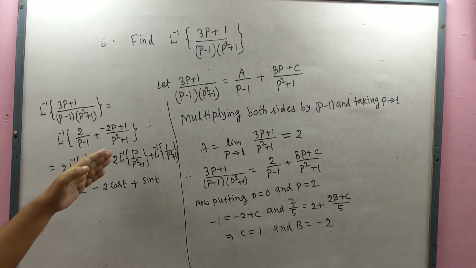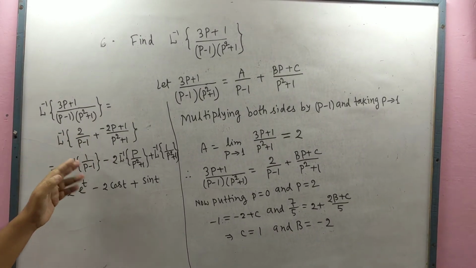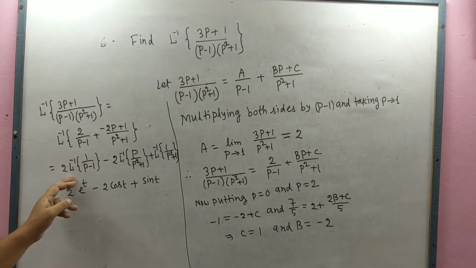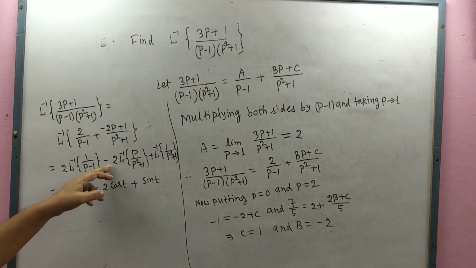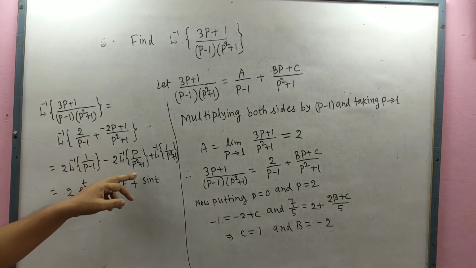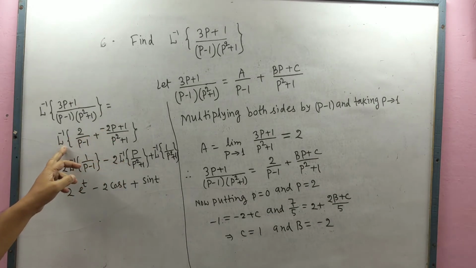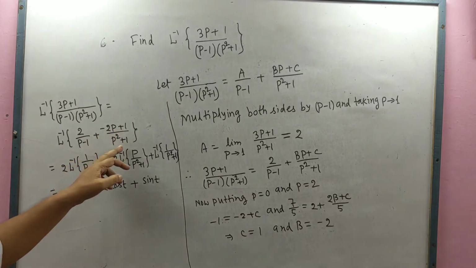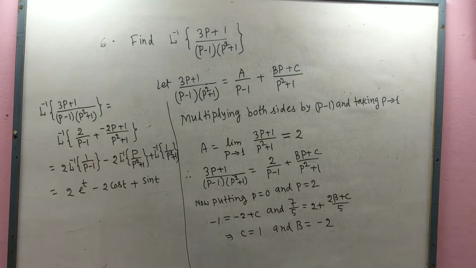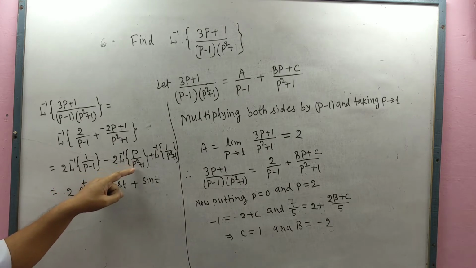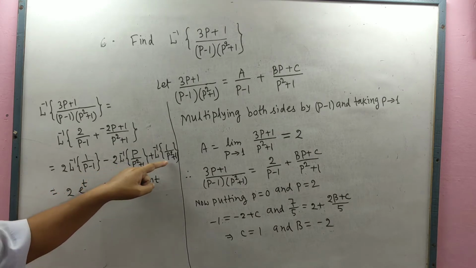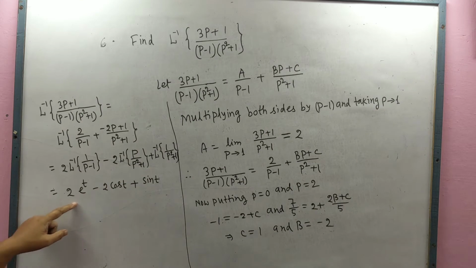Now we separate the inverse Laplace transformation. 2 outside, L inverse 1 by p minus 1, minus 2 outside, L inverse p by p square plus 1, plus L inverse 1 by p square plus 1. This gives e to the power t, this gives cos t, and this gives sin t. So this is the required solution.